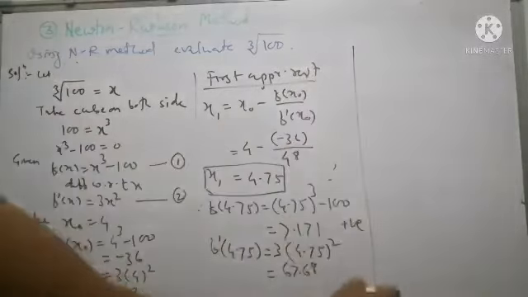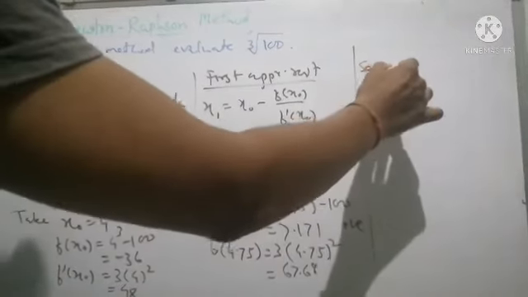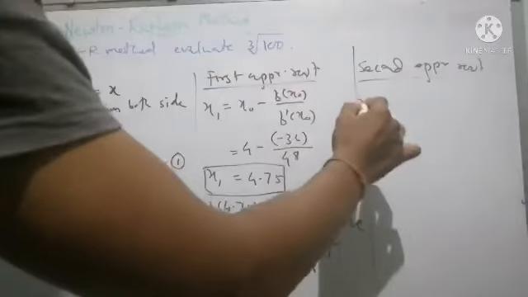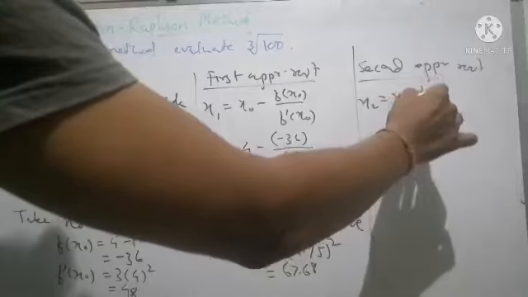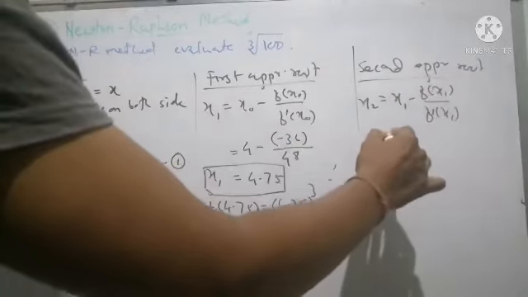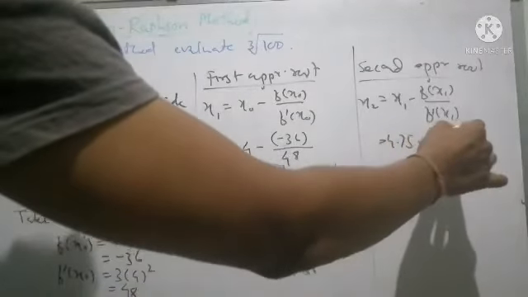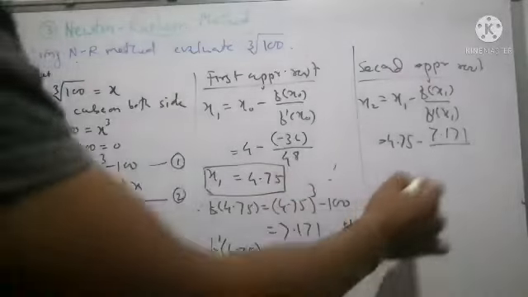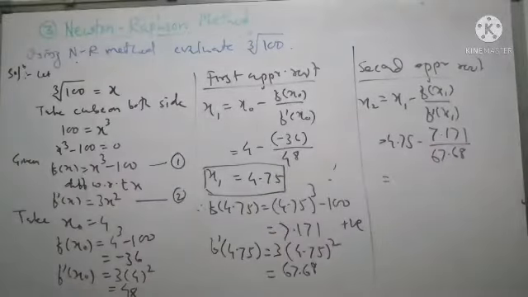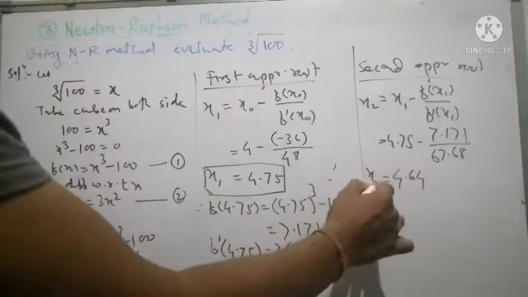Now using x1, f of x1 and f dash x1, we calculate the second approximate root x2. The formula of x2 is x1 minus f of x1 divided by f dash x1. Put the values: x1 is 4.75, minus f of x1 which is 7.171, divided by f dash x1 which is 67.68. By using a calculator we evaluate x2 as 4.64. So we get x2.